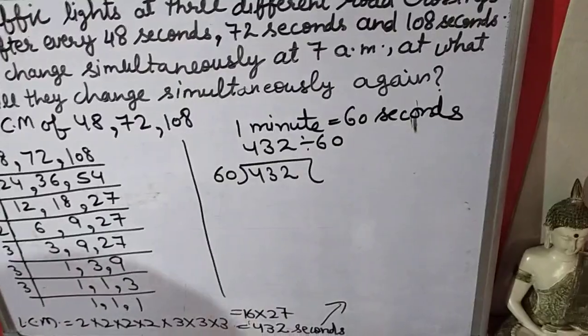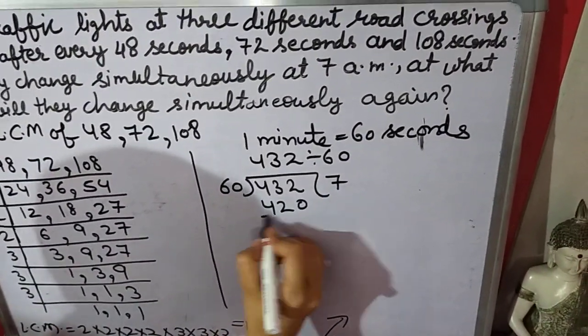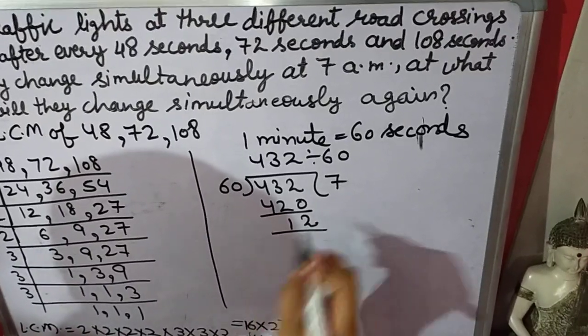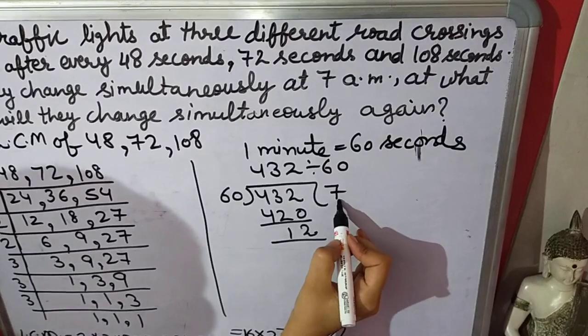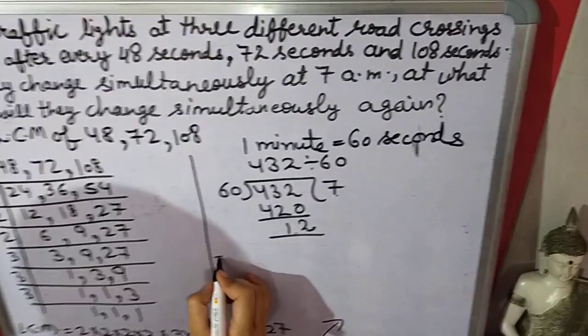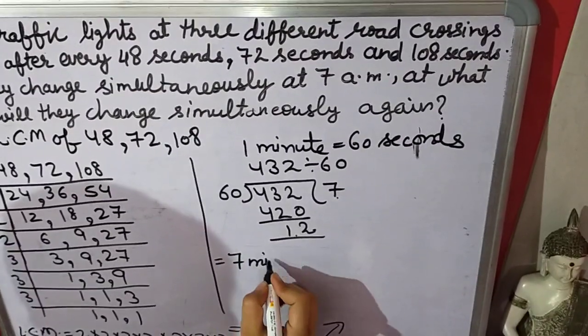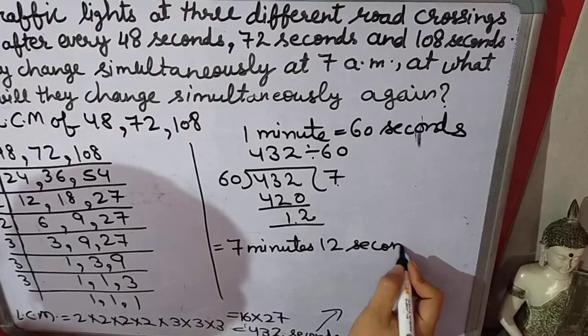Now we will divide it. So this quotient will be minutes and this remainder will be seconds. Its answer will be 7 minutes 12 seconds.